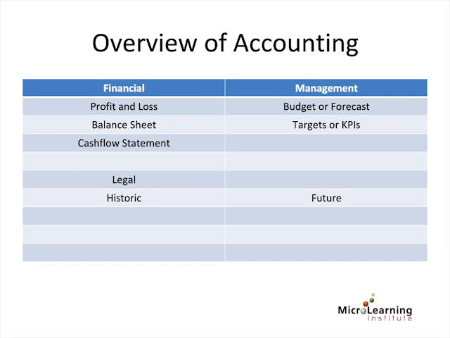Another aspect of management accounting that differs greatly from financial accounting relates to the framework. Financial accounting information is presented in compliance with a strict framework or set of rules. However, management accounting information does not have such a strict framework. Management accounting information can be presented in whatever fashion the management accountant thinks is best for the business.